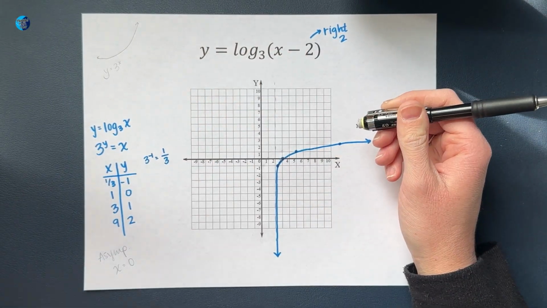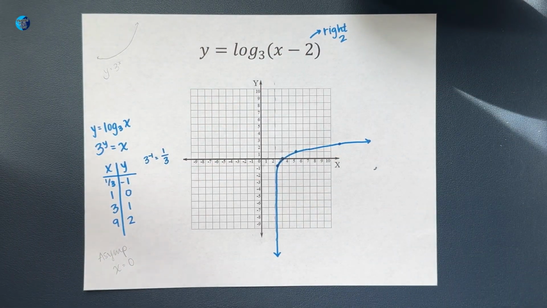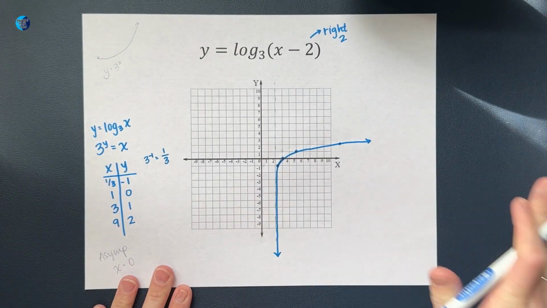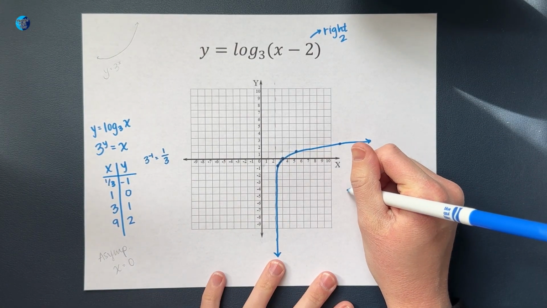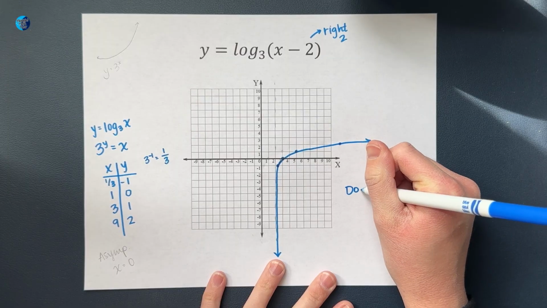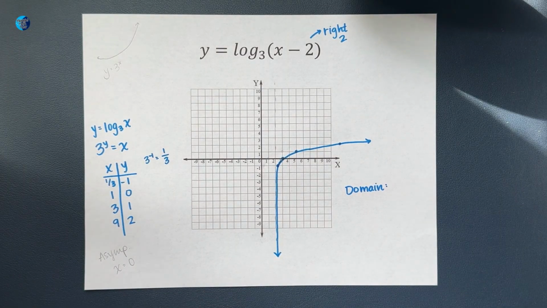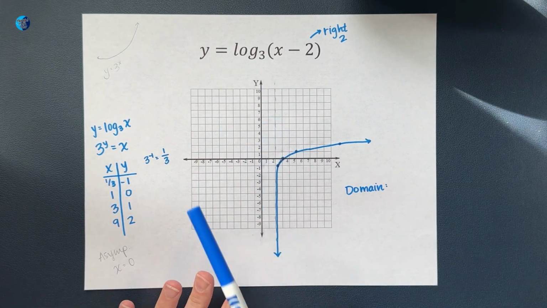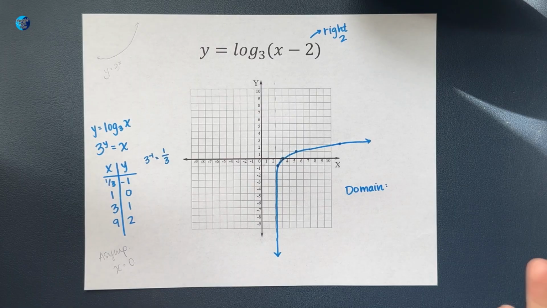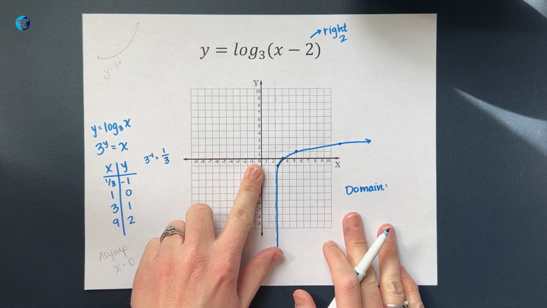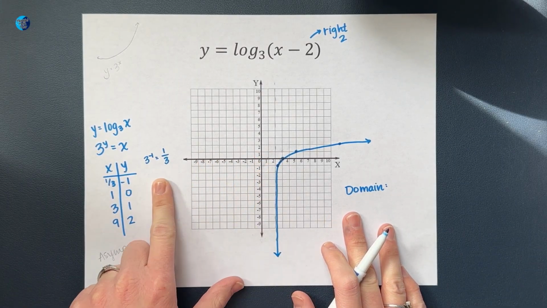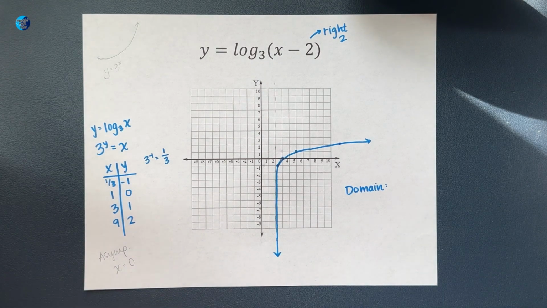is my graph. Now we may also want to identify the domain and the range. That's just something, you know, we like to do in math land when we do graphs. So the domain is my x values. So what can x be? Well, x can be anything bigger than 2, right? If I try to plug in negative numbers or 1 or 2 for x, it's not going to work. I'm not going to get an answer.